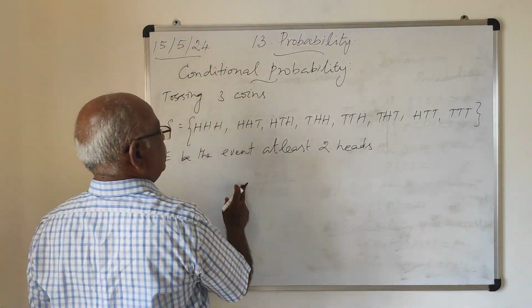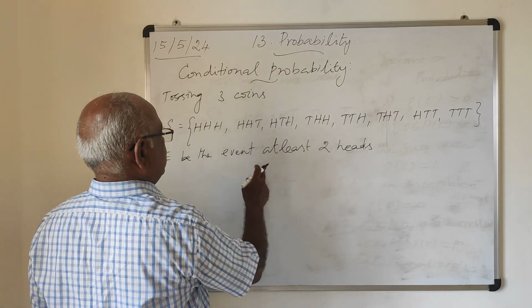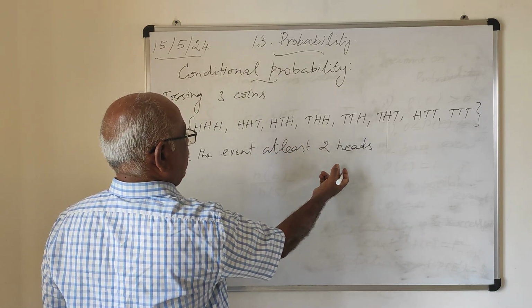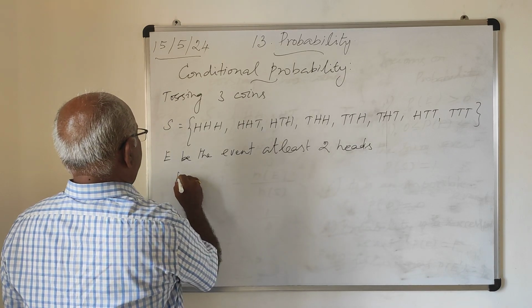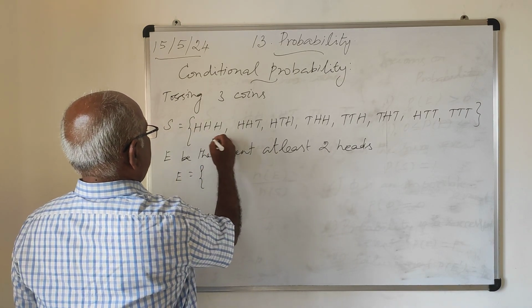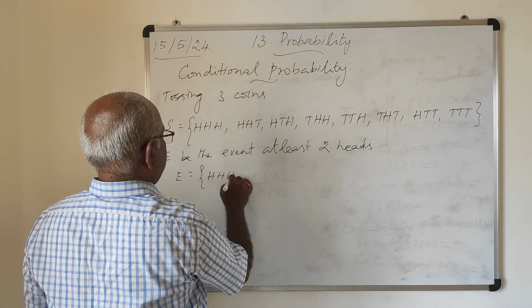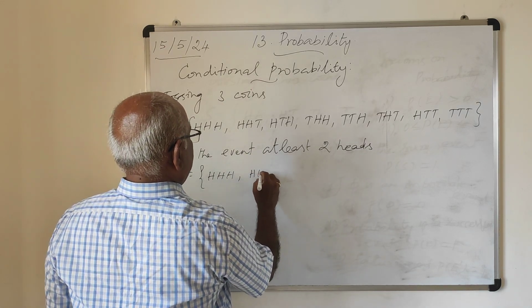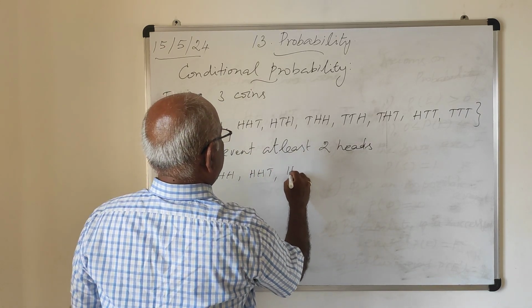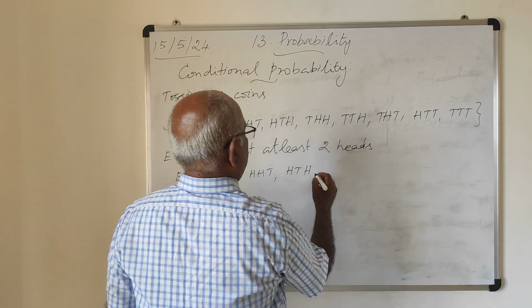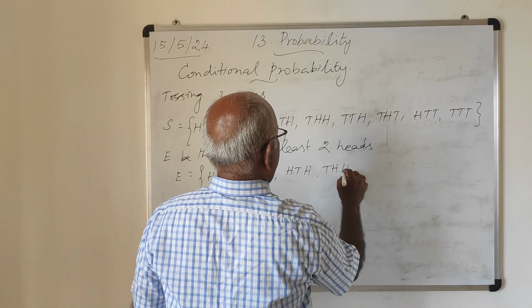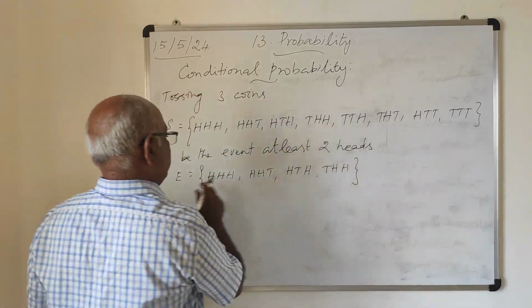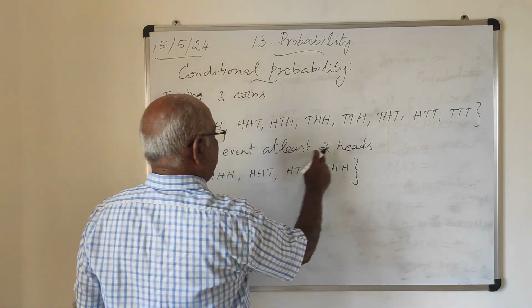On tossing 3 coins, the event E is getting at least 2 heads. That is, E equals at least 2 heads, which means you consider HHH, HHT, and THH. So these are the 4 outcomes that constitute at least 2 heads.